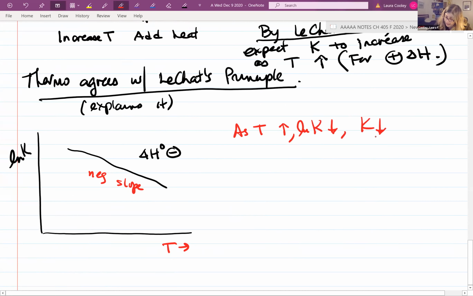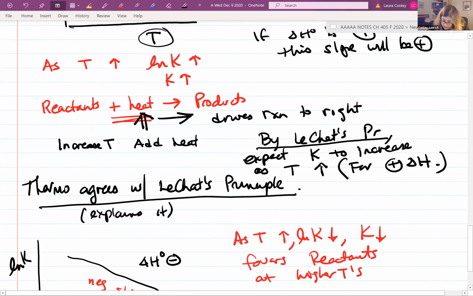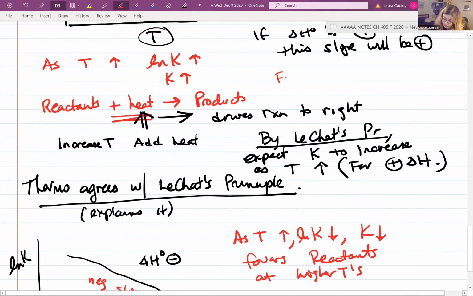So K goes down, and that favors the reactants at higher temperatures. Let's see. So K goes up.